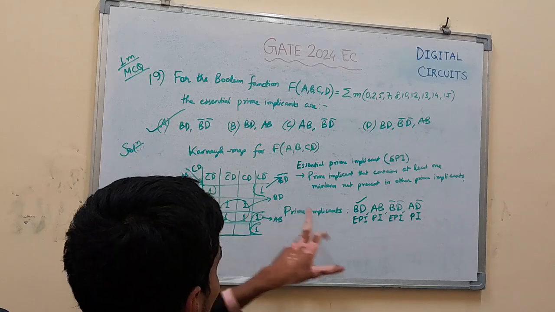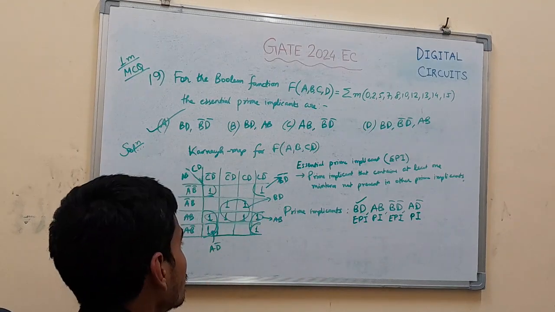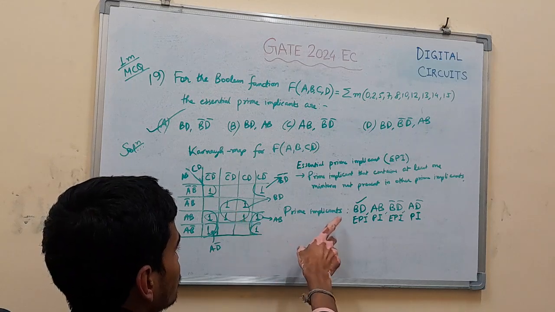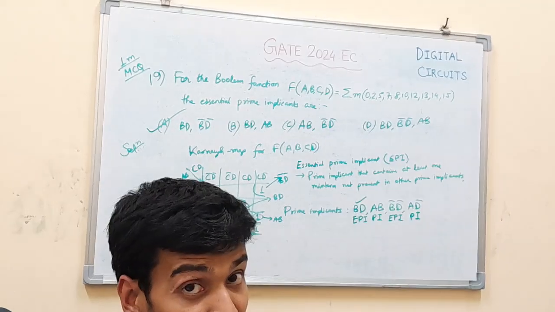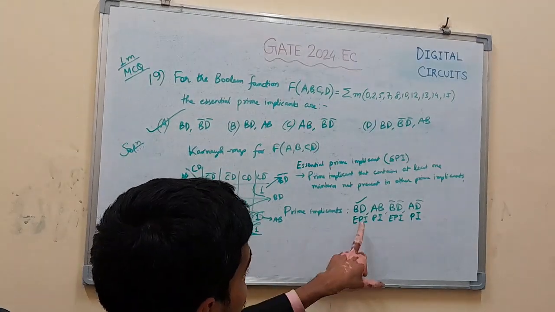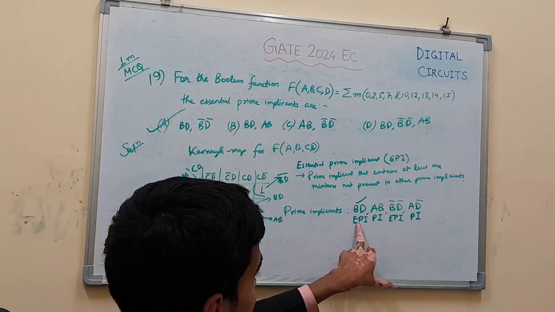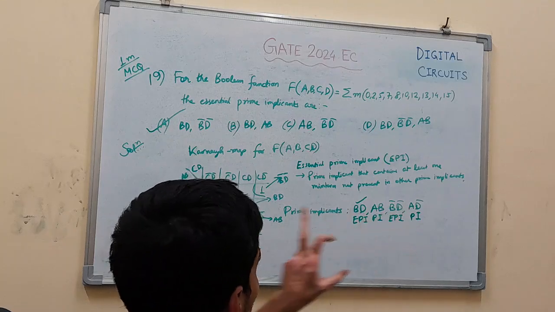Like in this case, we check the elements for each of the prime ingredients, and if they are common with other prime ingredients or not, and found that only BD and B bar D bar have at least one min term which is unique.